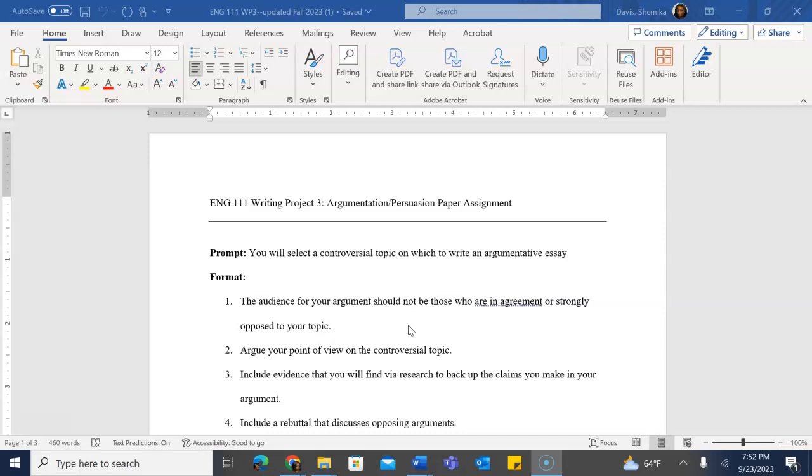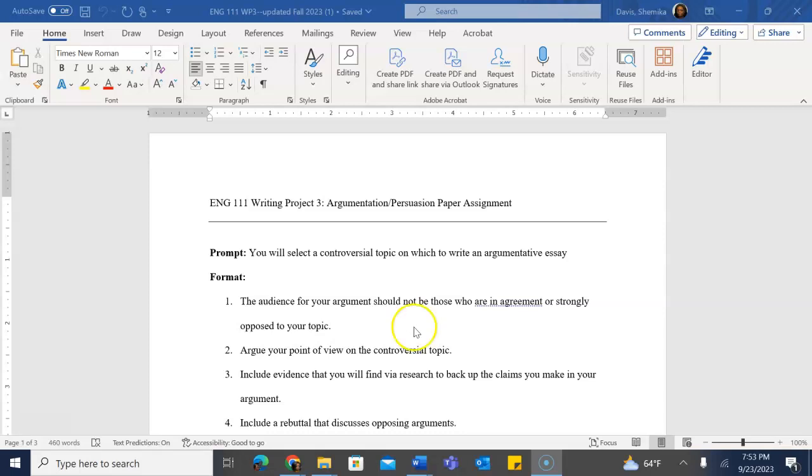So it should not be those who are in agreement or strongly opposed to your topic. So not necessarily someone that may always agree with you. So obviously you don't want to err on the side of finding a specific audience that's going to necessarily agree with you. It could be an audience that may not agree with your viewpoint, right? You want to argue your point of view on that controversial topic.